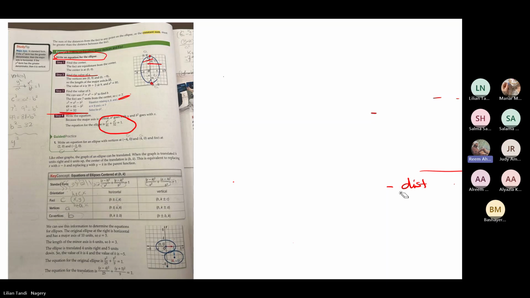Miss, can we always find the C or the A using the distance formula? Yes, if the points are different. All right, so we're going to divide this into 4 parts.